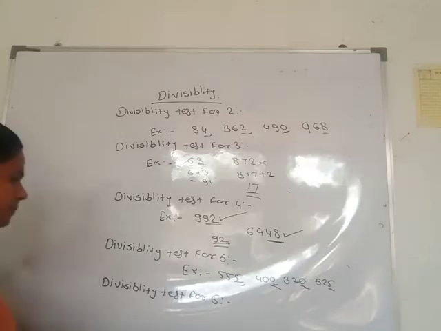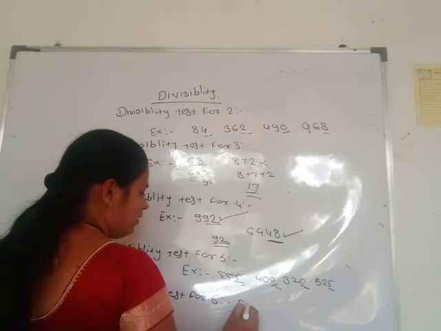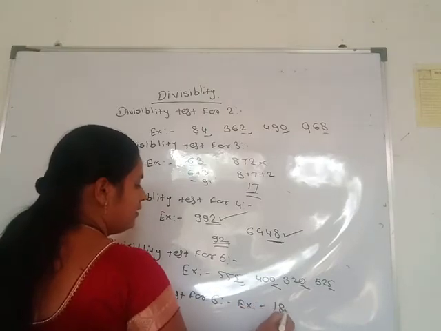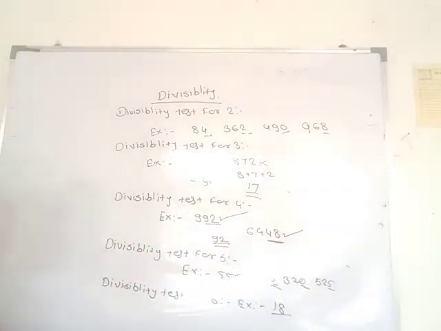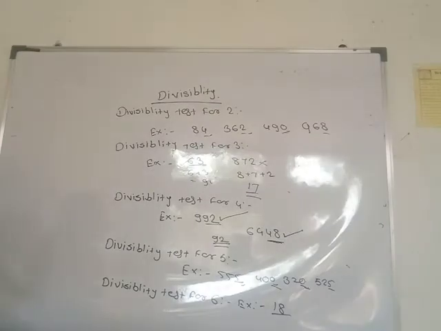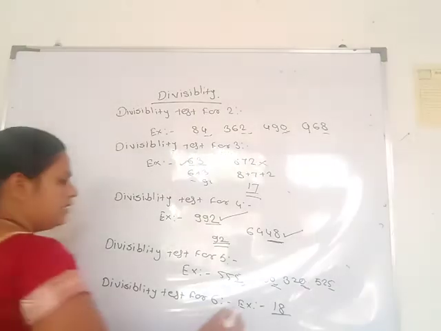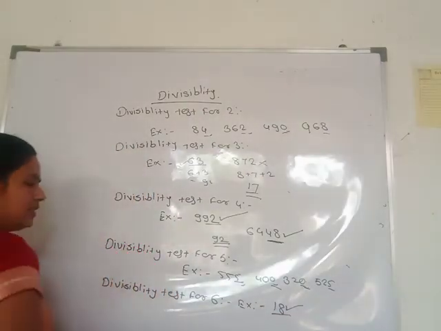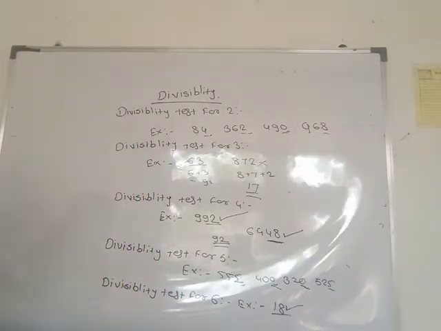See example: 18. This number is divisible by 2 and also 3. 3 6s are 18, 2 9s are 18, and this number is divisible by 6.